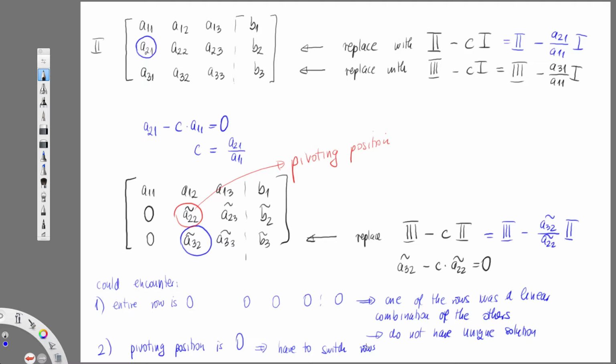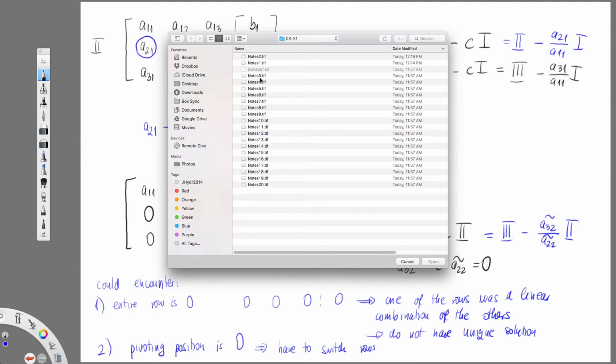So actually, let's see now a case where we will actually need to switch positions. I have an example like that. It's going to be called partial pivoting.